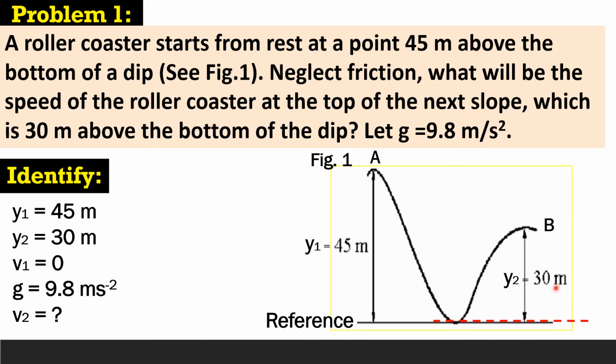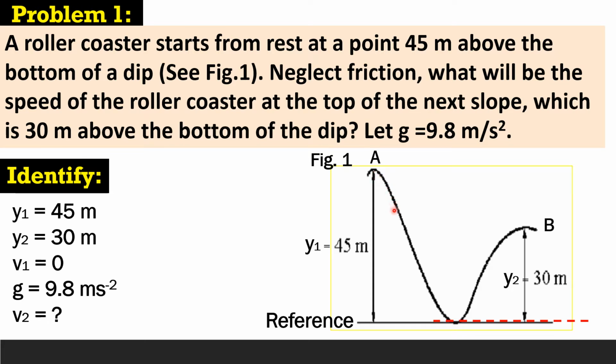All right. So at the top of the dip, point A, the roller coaster starts with zero initial speed. That means it is starting from rest.